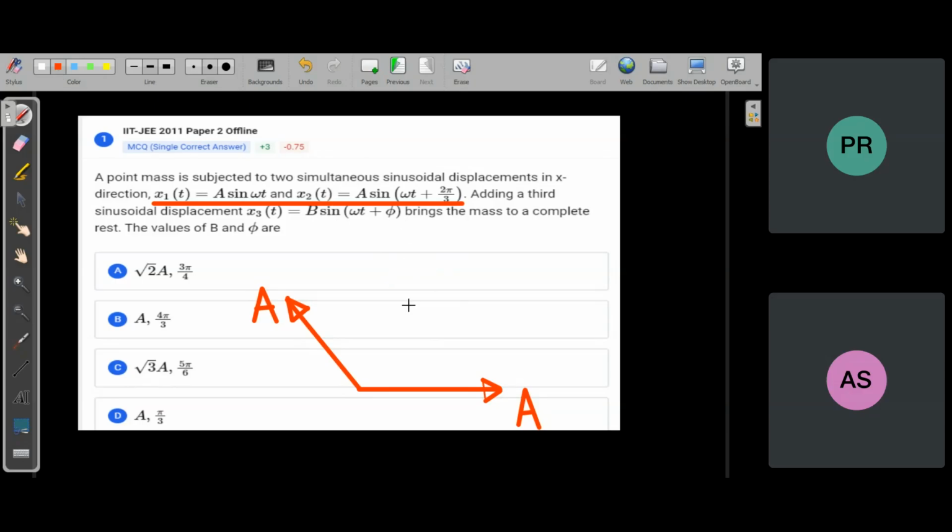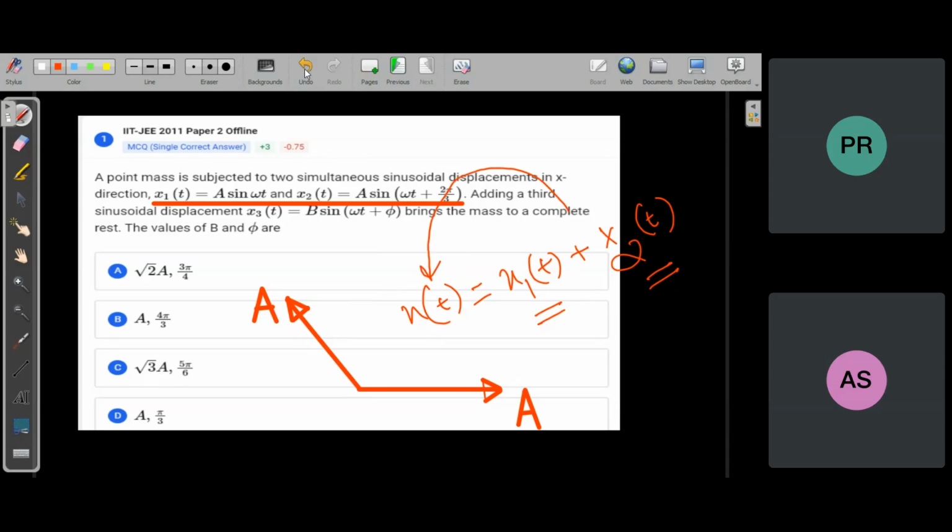For example, the overall x(t) will be x1(t) plus x2(t). This is the equation. Are you getting? It is not that it has two displacements. Displacement is not two. Displacement is the addition of these two. So we can say vector addition.